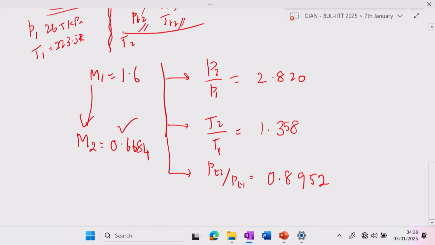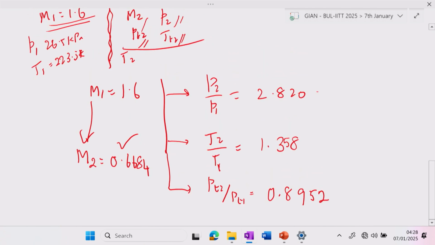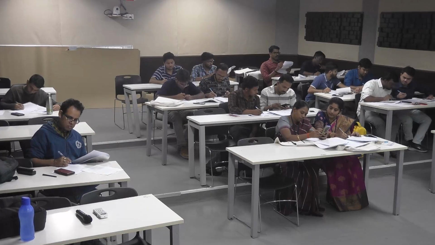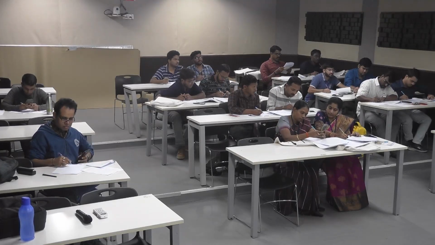So now we have calculated one of the parameters. You can find P2, because P1 is already given in the problem. P2 is equal to 74.73 kilopascal, and from this T2 is equal to 310 Kelvin.